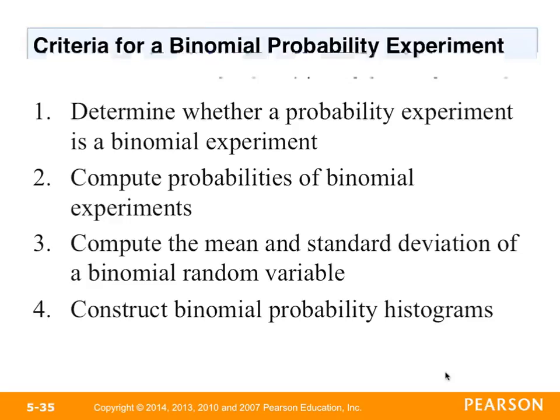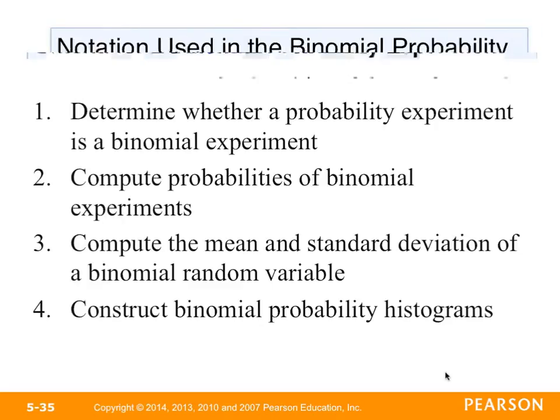So the outcome of one trial cannot affect the outcome of another trial. In addition to that, each trial has to have two mutually exclusive or disjoint outcomes. And I think you learned that in the probability chapter. So there are two outcomes. One is considered a success and one is considered a failure. And then the fourth thing that has to happen is that the probability of success is fixed for each of the trials.